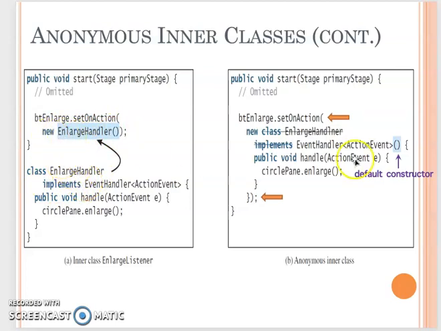So we just new this event handler, because we all implement from the event handler. After you new like this, one thing is we need to have a default constructor because we want to create an object. That's why this parenthesis follows the event handler; this parenthesis is called the default constructor. Then you still have your braces, with the handle method to override.